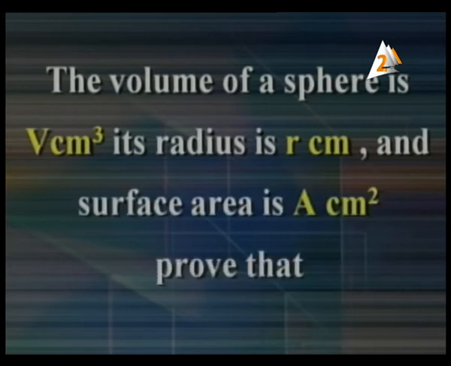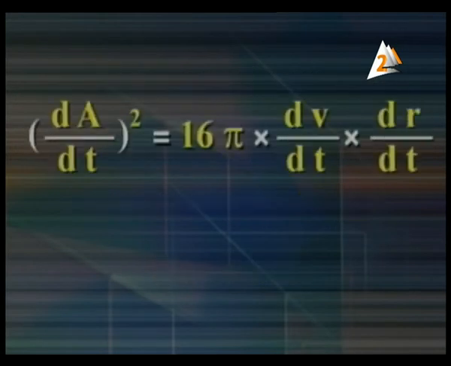Look at an important example. The volume of a sphere is V cm³. Its radius is R cm and its surface area is A cm². Prove that (dA/dt)² = 16π times dV/dt times dr/dt.